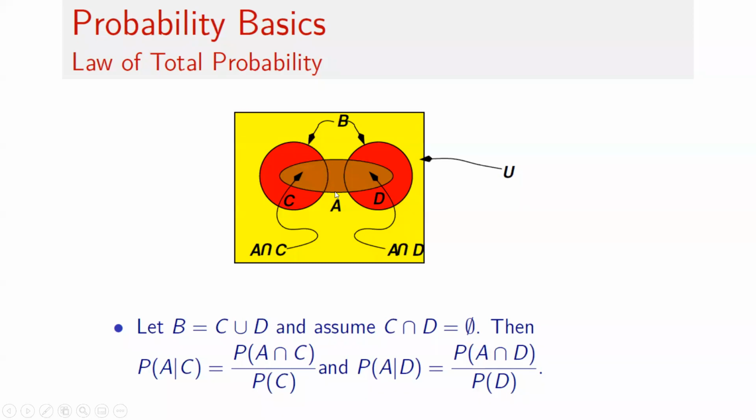They are not overlapping, that is, they do not have elements in common. In that case, the probability of capital A given capital C is the probability of the intersection with C divided by the probability of capital C.